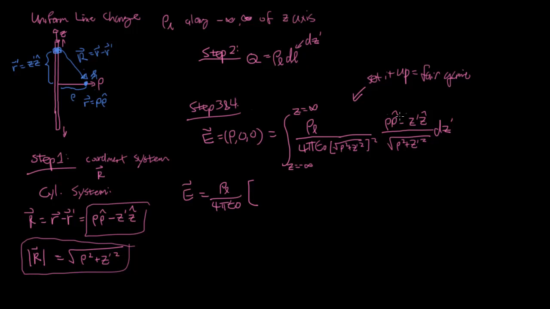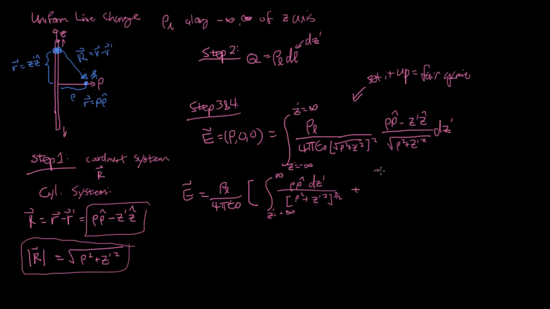So these are two things added together, so we can distribute all of this in. So we're going to have the integral from z prime, well, these should have primes, equals minus infinity to infinity of rho hat dz prime over, we factored this part out, so then we're just left with rho squared plus z prime squared to the 3/2, because we're combining these two.